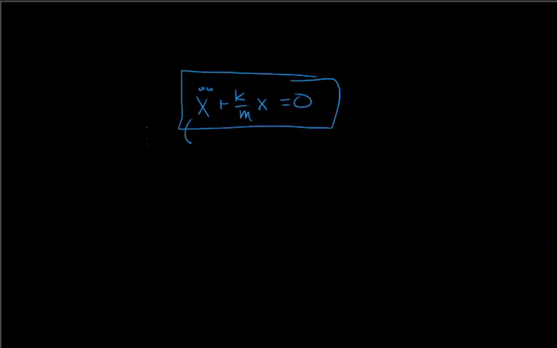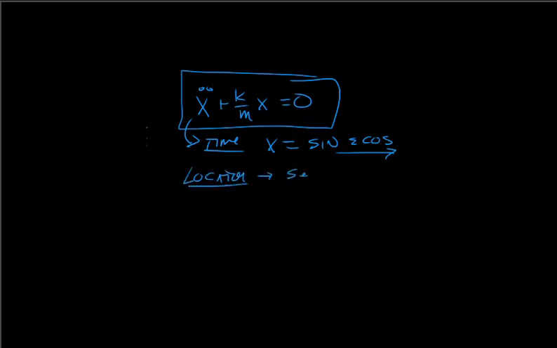Our takeaway here is that we can solve this equation more than one way. We can solve it as time, where x is equal to some sine and cosine type fashion, and we can solve it as location by using separation of variables. Again, very good techniques for solving a very common scenario that we'll see with Newton's laws. Thanks for watching.